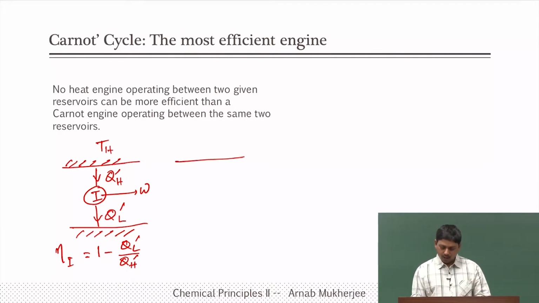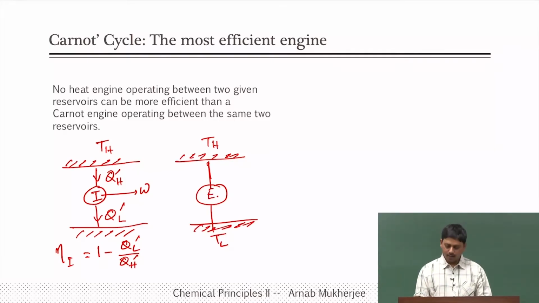Let us take a Carnot engine within the same temperature difference, and call it E, as we have been defining it. Here also a different amount of heat is taken in, the same work output is given, and a different amount of heat is ejected.